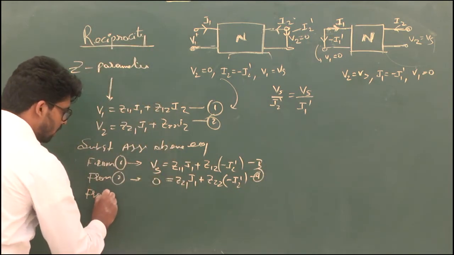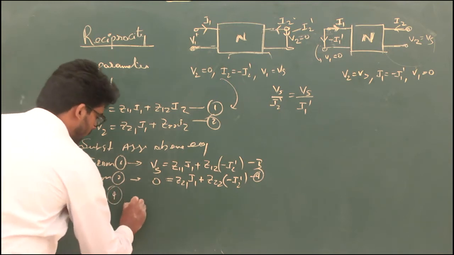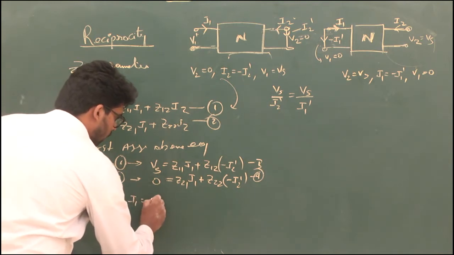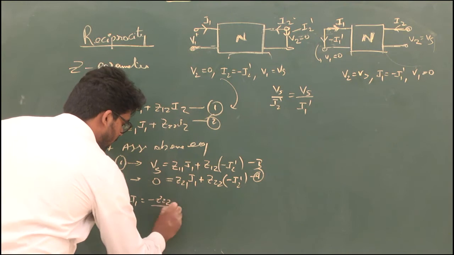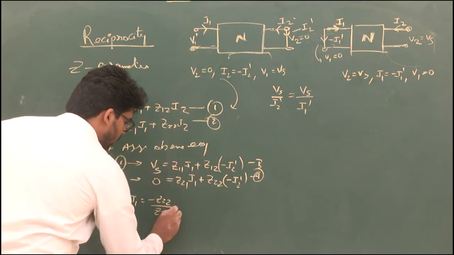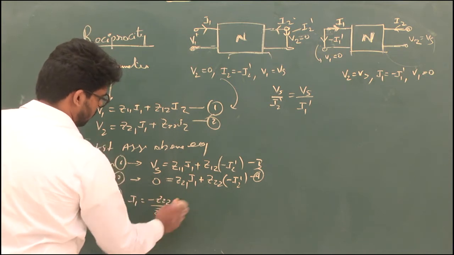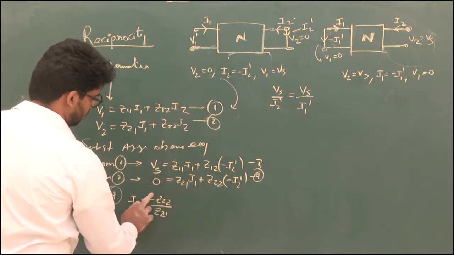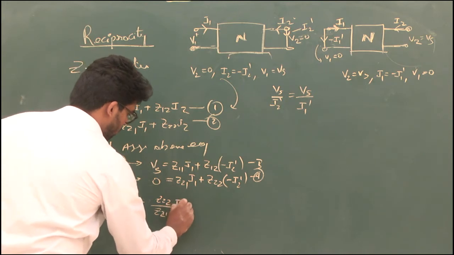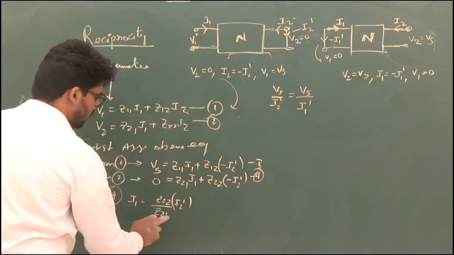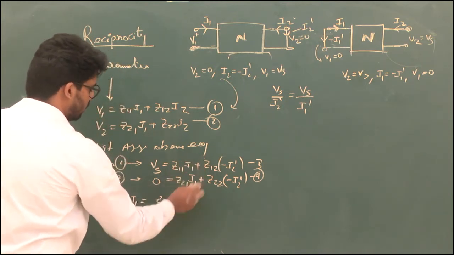So from 4 you have I1 equal to minus Z22 by Z21 I2 dash. Substitute I1 equal to that in equation 3.